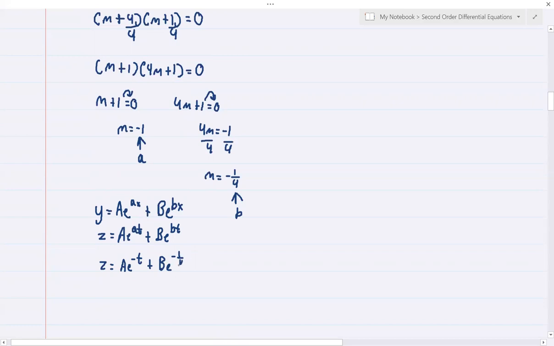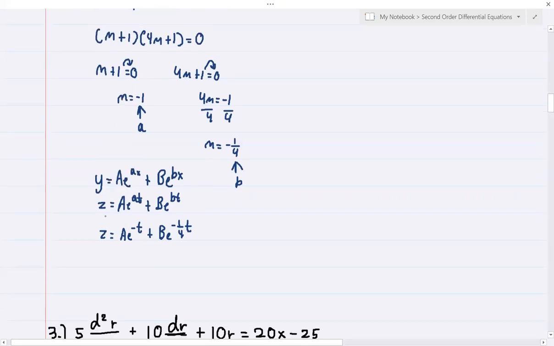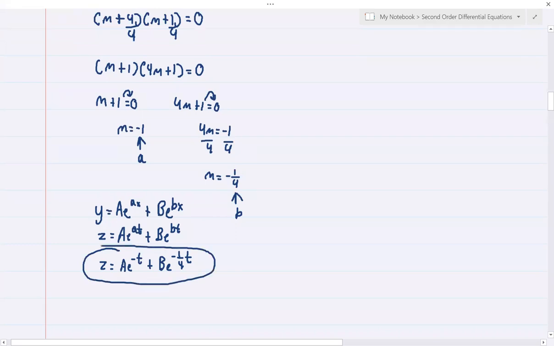Since I told you earlier that the way you find the general solution for the second order homogeneous equation is the same way you find your u function, this will be your u function. So your u is equal to a e raised to negative t plus b e raised to negative 1/4 t. That will be your u function.